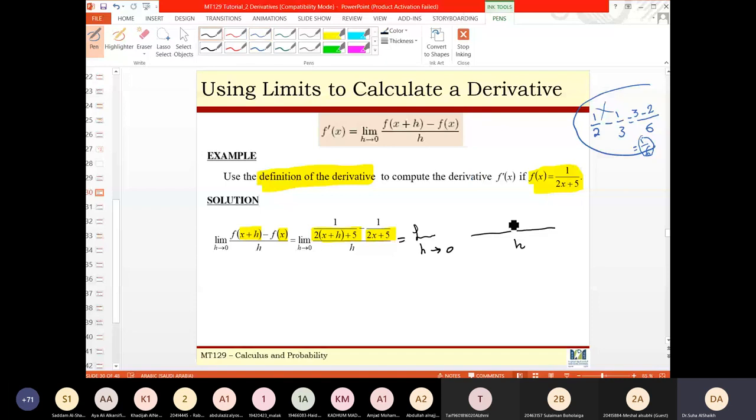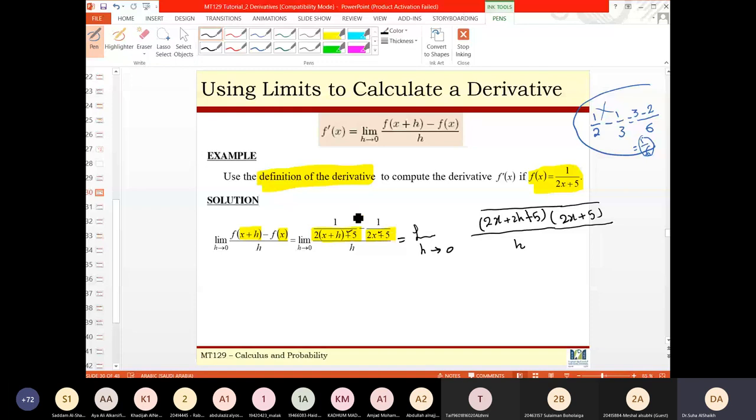The common denominator for this amount is 2x plus 2h plus 5, multiplied with 2x plus 5. This is the common denominator. This multiplied with this.